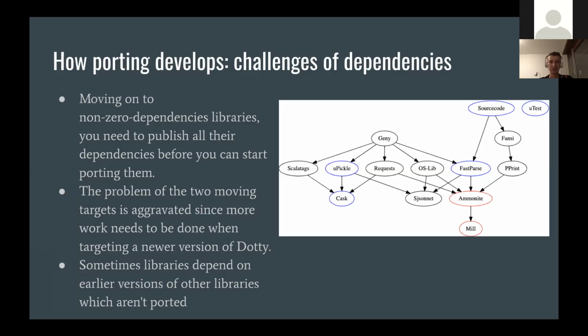And the problem is even more aggravated when you go further down into the graph. For example, a library like Cask, the leftmost downmost library on this slide, highlighted in blue, is a web application server engine.